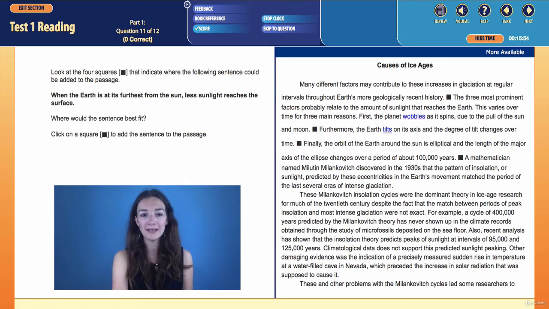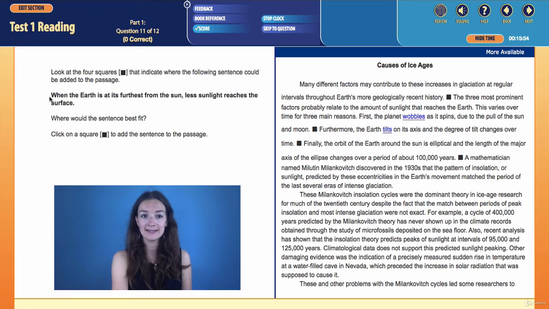The next one, place a sentence. Here we have a sentence and we have these 4 squares, and we need to choose in which square this sentence will look the best. So we need to carefully read all the transitions. For example, here we have furthermore, finally, first, and here we have the 3 most prominent.